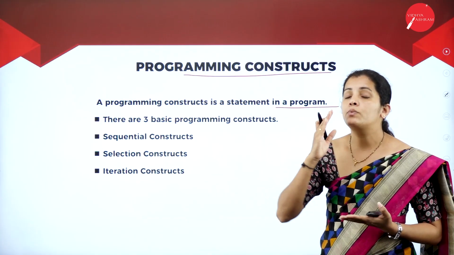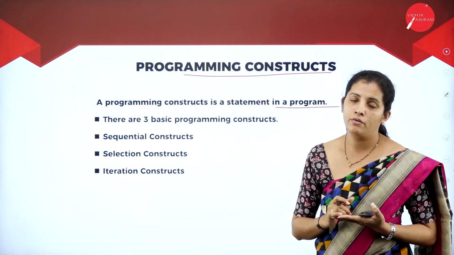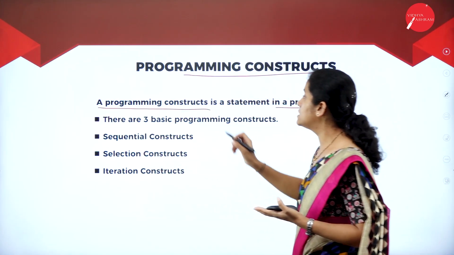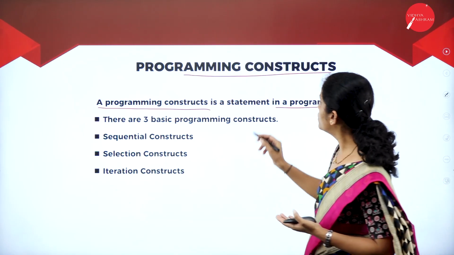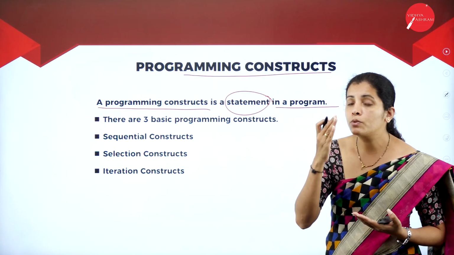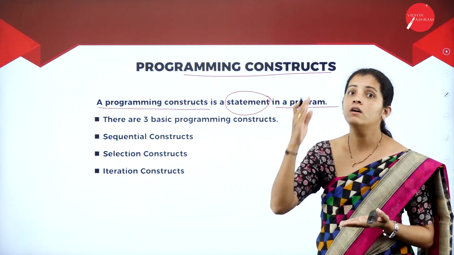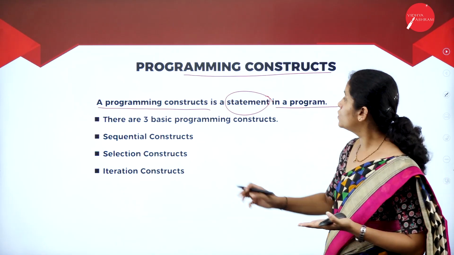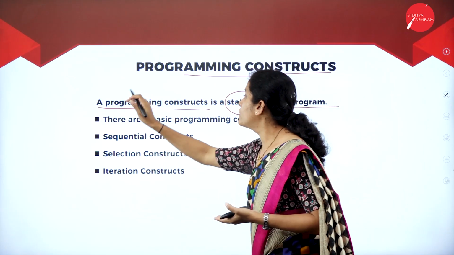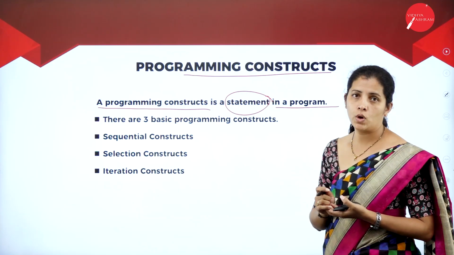That means the programmer is familiar with any one of these programming languages. So a programming construct is a statement. Statement is nothing but the lines. The program may include 1 line, 10 lines, or 50 lines, or 5,000 lines. Those lines are themselves called statements. So a programming construct is a statement in a program.